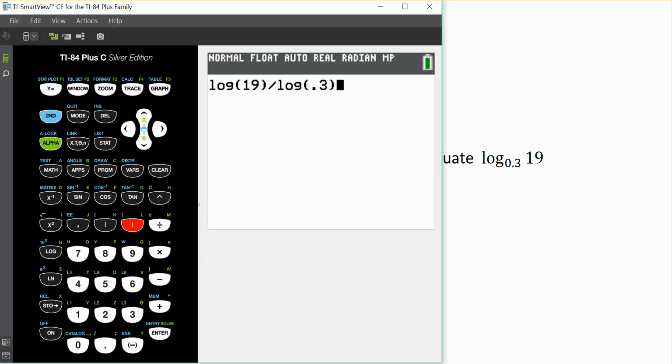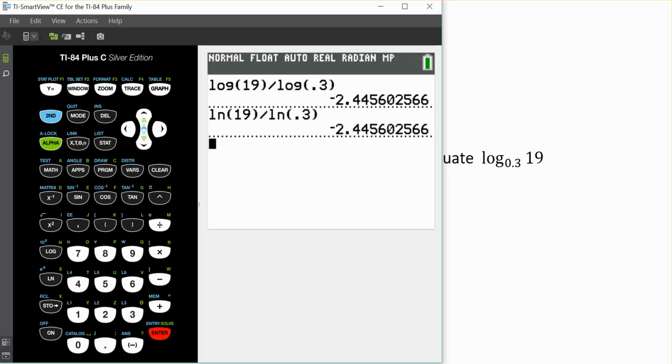Okay, so I get an answer. Calculator returns for me that this is negative 2.45. Now watch, if I choose to do this using the natural log, it would be the natural log of the argument 19 divided by the natural log of the base 0.3. I hit enter and notice that those are exactly the same answers.